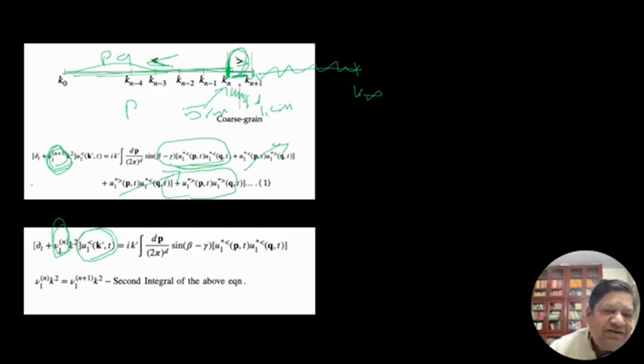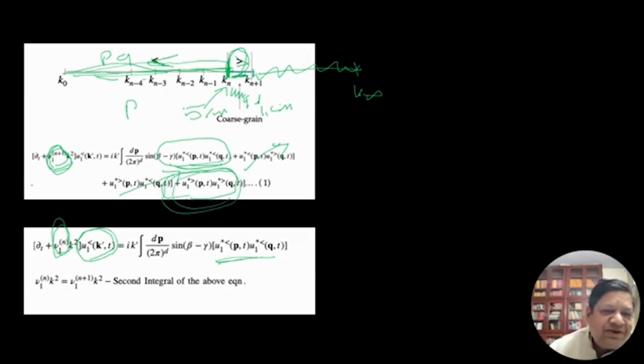My velocity field is basically from here to here, and I'll have less. These things are gone. So it turns out this is non-zero.